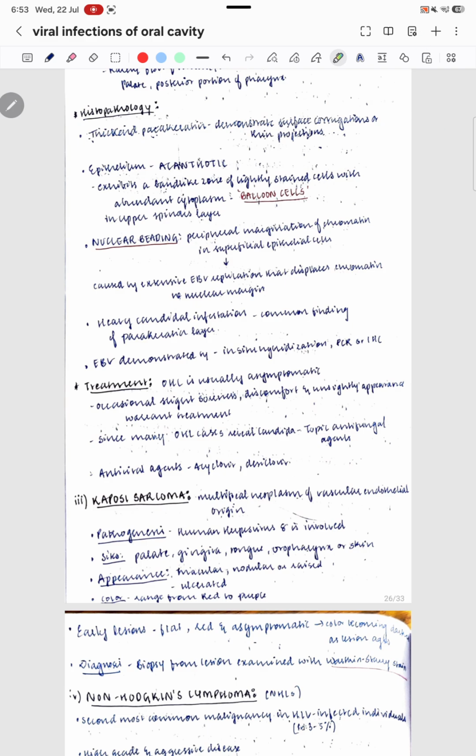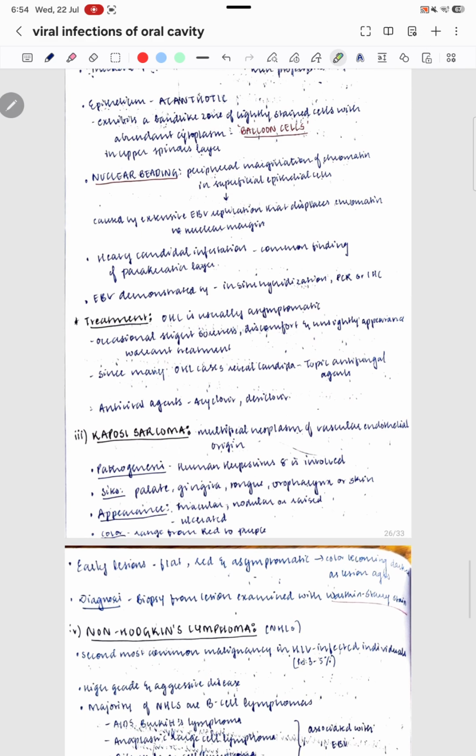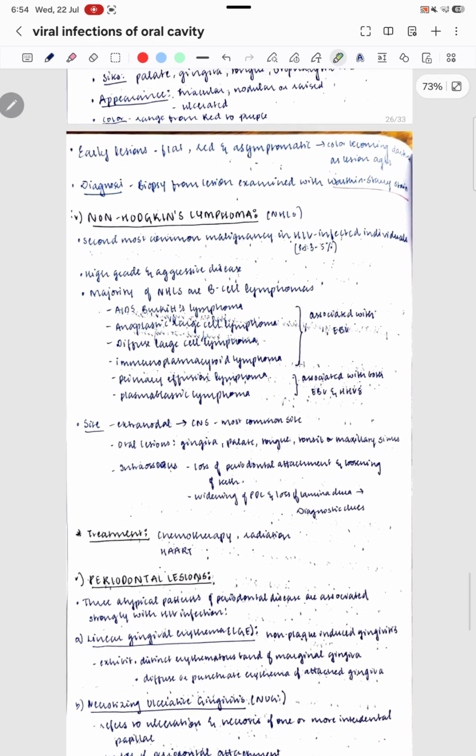Occasionally soreness and discomfort are present, and the appearance may warrant treatment. Since many oral hairy leukoplakia cases reveal candida, they are given topical antifungal therapy, because people assume it is oral candidiasis and give antifungal therapy. We have a lot to do.